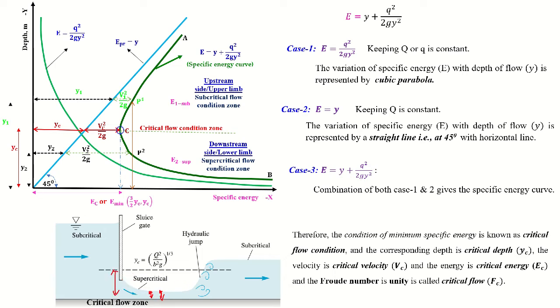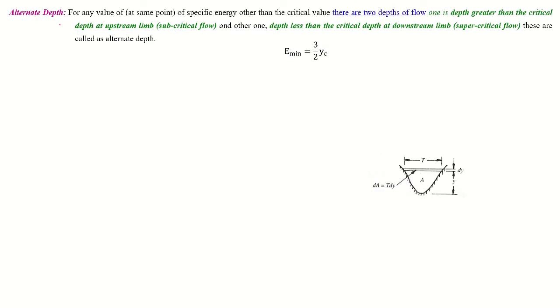Now let us see all these terminologies in terms of definitions. First, alternative depth. For any value of specific energy other than the critical one, there are 2 depths. One is the depth greater than the critical depth at the upstream side, that is subcritical flow, and the other is the depth lesser than the critical depth at the downstream side, that is supercritical flow.